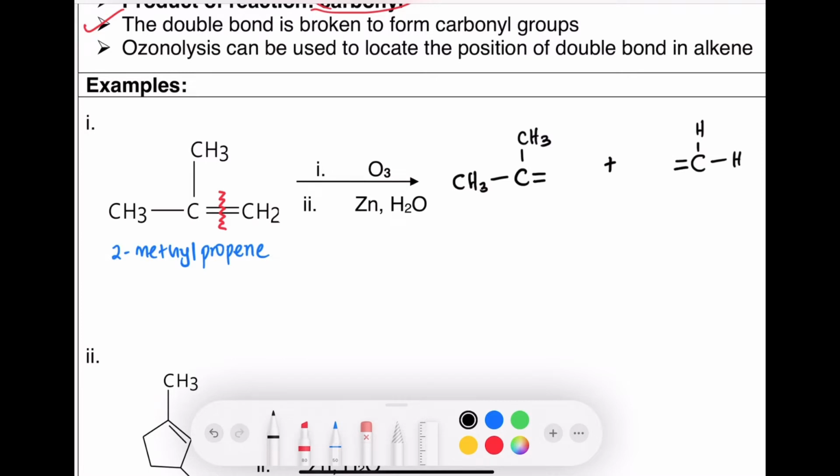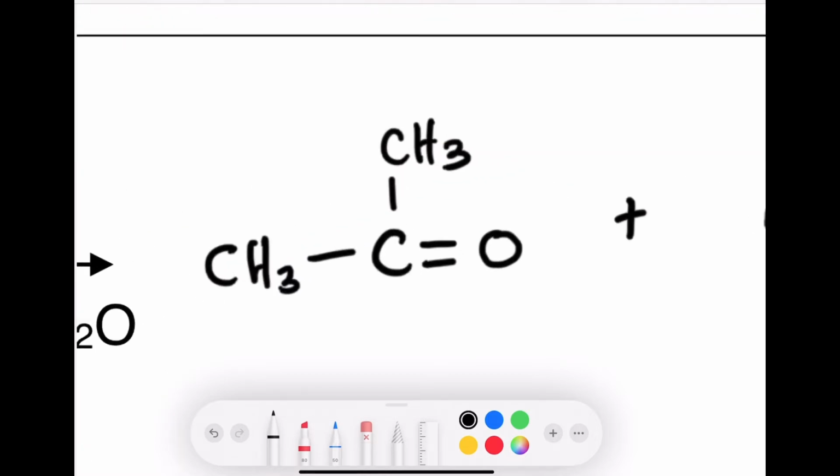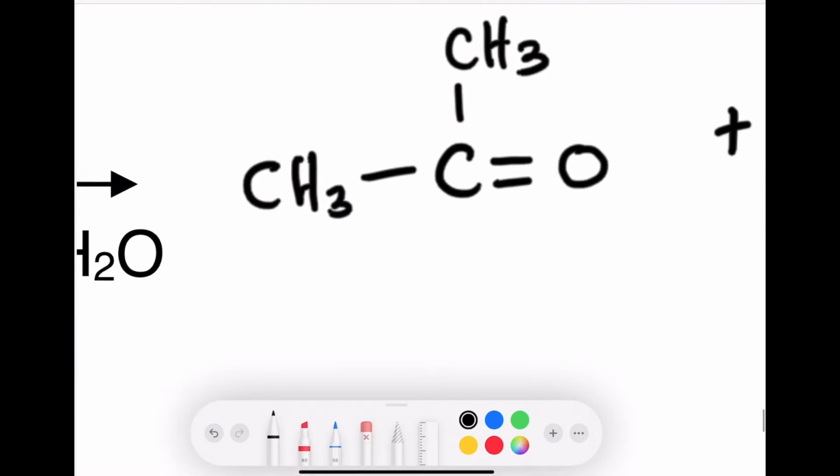As you can see, it's broken here, and each of them will get half of the double bond, something like that. Next, after you break them, what you need to do is just add the O. Yeah, you just add the O. So as you can see, we have carbonyl group. This is carbonyl, exactly.